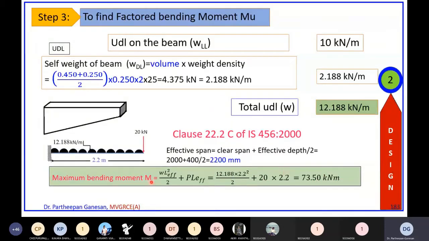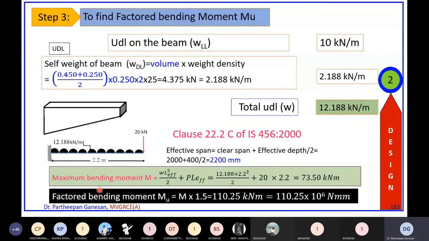Remember, we are only finding the M value, not Mu, because for Mu you have to use factored load. Or you can use the service load itself, find the bending moment value, then find the factored bending moment Mu equal to M multiplied by 1.5. So 73.5 multiplied by 1.5 is 110.25 kilonewton meters.